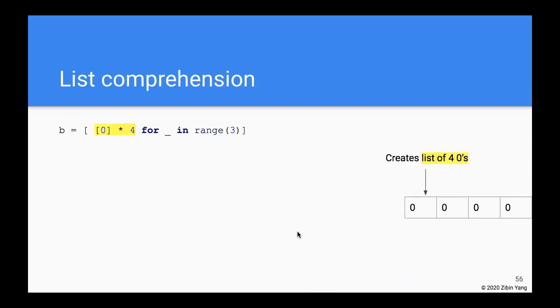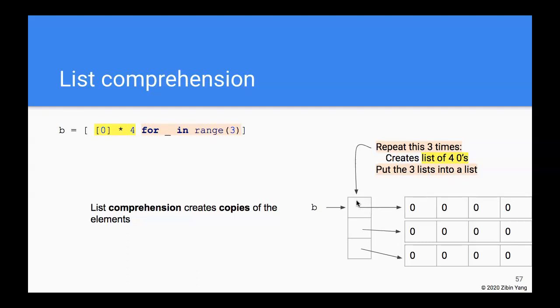So that's all I want to say for list multiplication. Now let's look at list comprehension, what it actually does. So this is a list. For each element of this list, it creates another list of 4 zeros. Now this for underscore in range basically repeats this operation 3 times, once for each element of the new list.